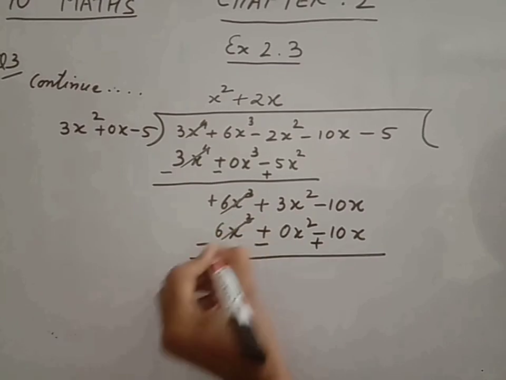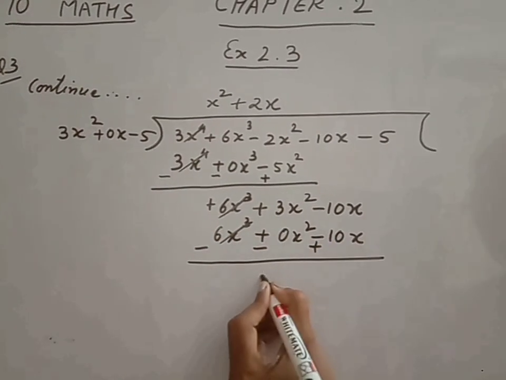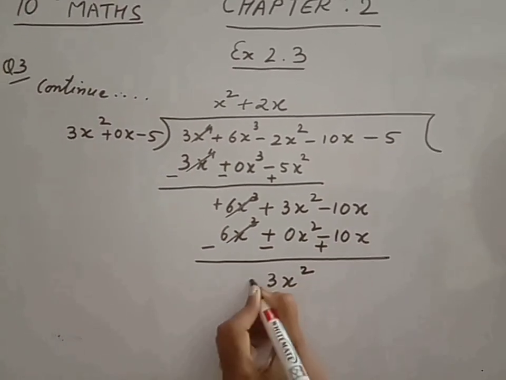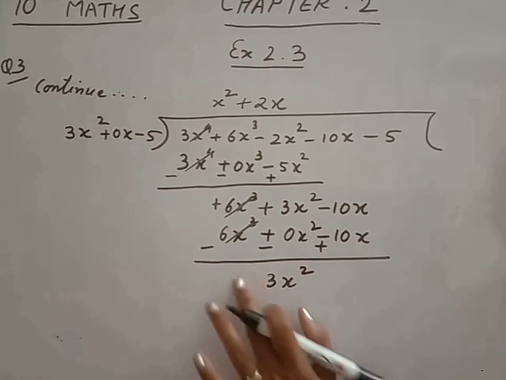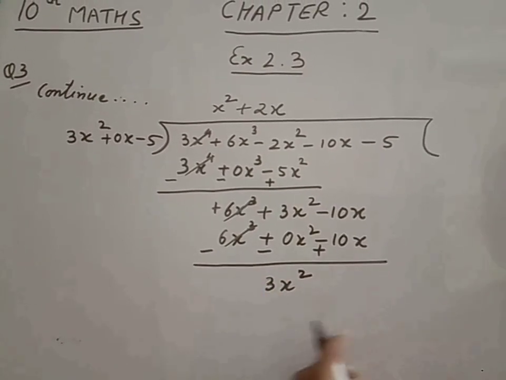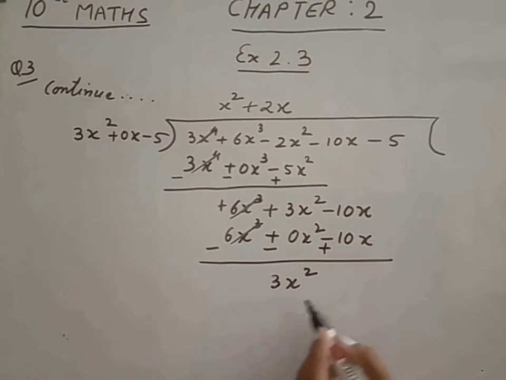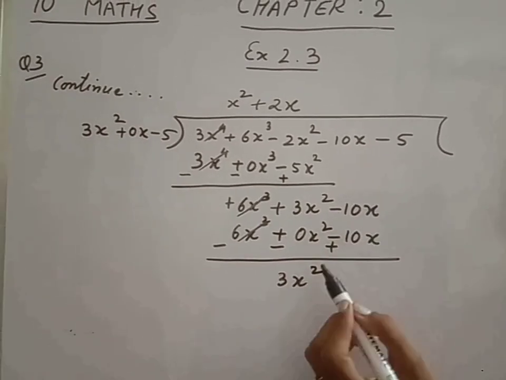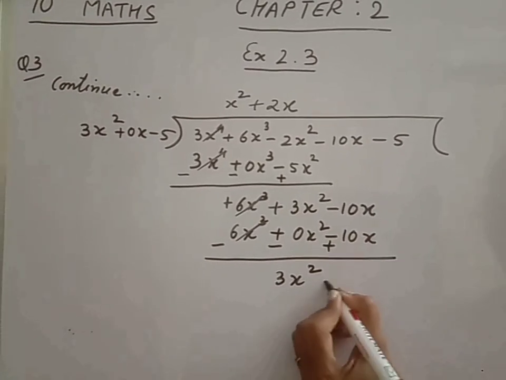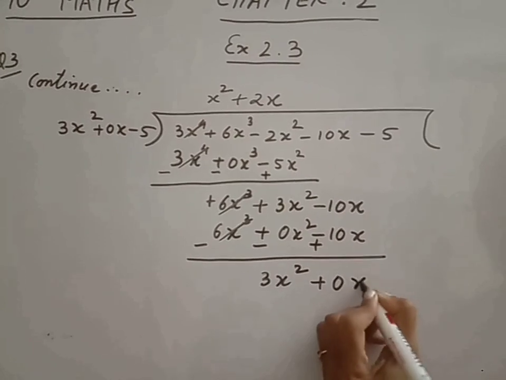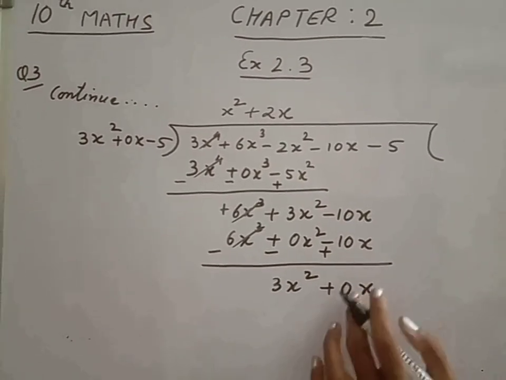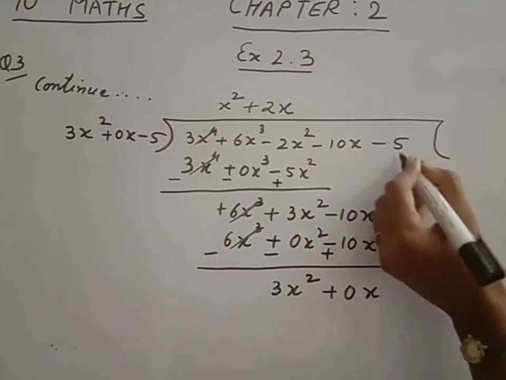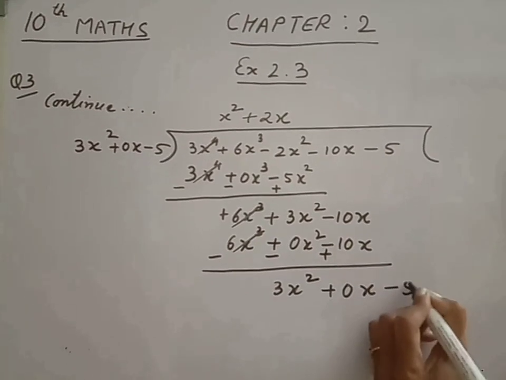So this gets cancelled. Now this is plus 3x square. If you don't write plus, that's fine, but if it is negative, it's compulsory to write the sign. If it is plus, no need to write. Now minus 10x plus 10x is again 0x. It is 0, but write 0x. Now this minus 5 is taken down.